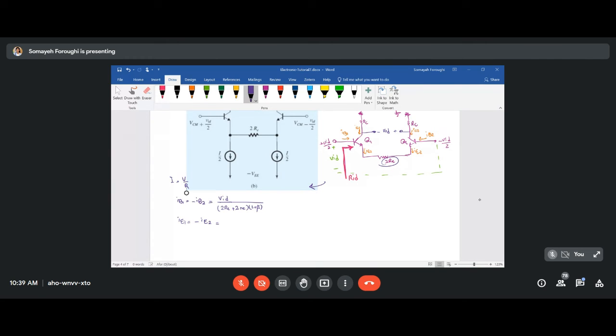Remember, IE is beta plus 1 times IB. So if I do beta plus 1 times that, here I will have VID over 2RE plus 2 little RE. If you do IC1 equal negative IC2, IC is beta times IB.